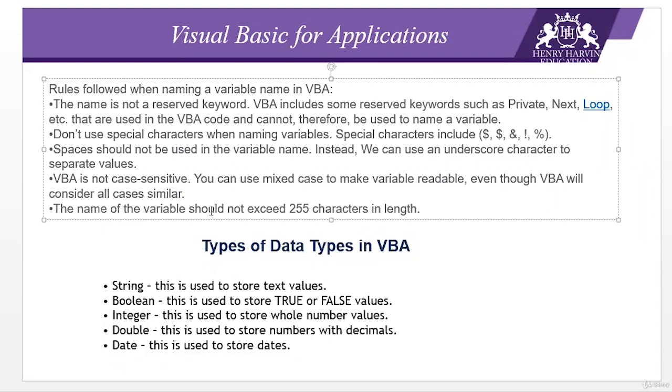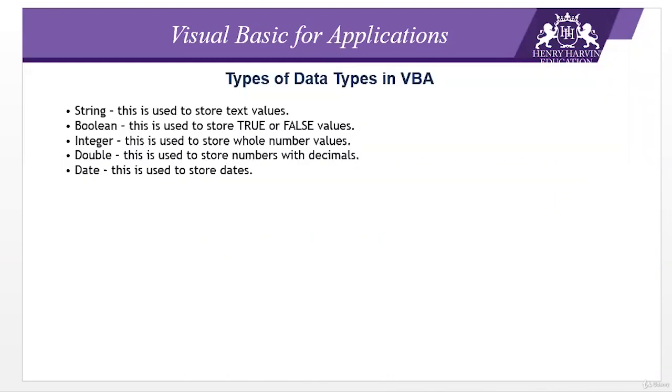When we are not sure whether the data we are getting from the user will be integer, long, string or something else, we define that kind of variable as a variant. And remember, it is a good practice to declare all the variables at the beginning itself. All right, so this is clear.